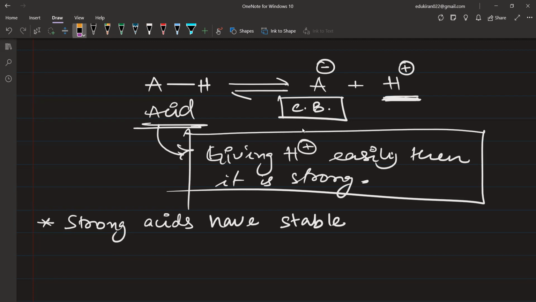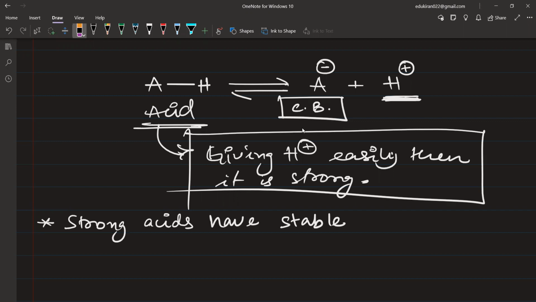And if the A negative is very unstable, then it will easily attach with H plus. It will easily attack on H plus and gain the H plus. If A negative is unstable, it cannot bear the negative charge, so it will move forward, attack on the H plus and gain the H plus. At that time, A negative is acting as a base which is accepting the proton. And since it is accepting the proton easily, it will be a good base.